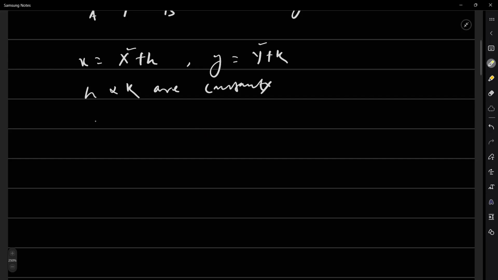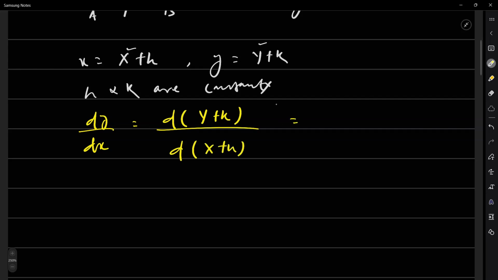Then dy by dx can be written as d of y plus k divided by d of x plus h. So as the constant terms vanish in the differentiation process, dy by dx is equal to dY by dX.